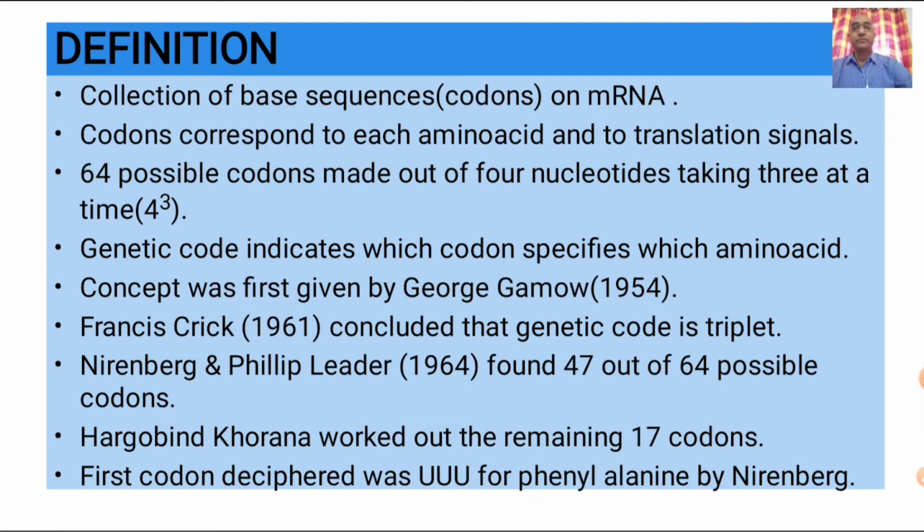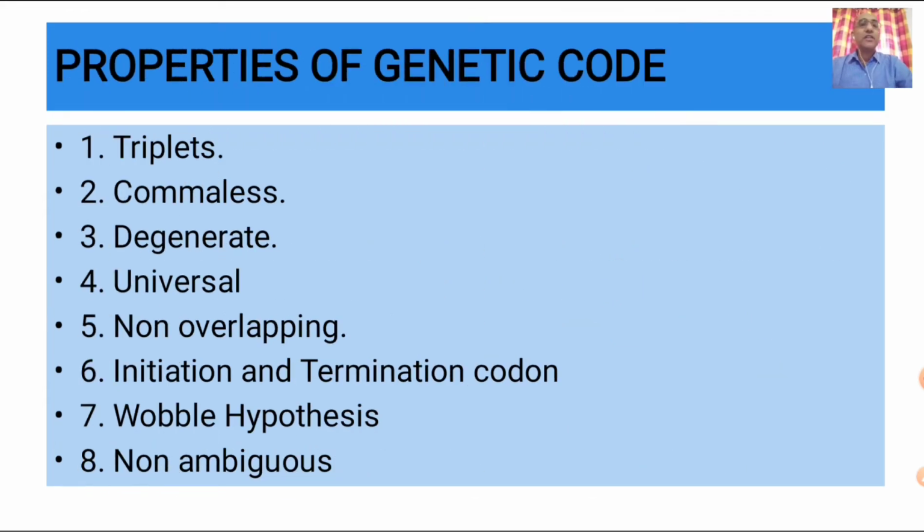Let us now start the properties of the genetic code. The genetic code is triplet in nature, commaless, and degenerate; we will discuss degeneracy in detail in the following slides. It is universal in nature, non-overlapping, and has initiation and termination codons.